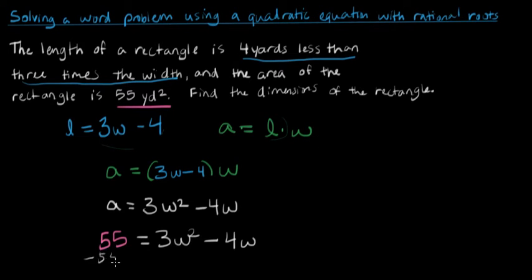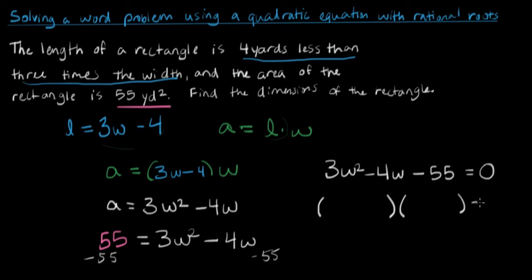So I'm going to subtract 55 from both sides, and then we'll get 3w squared minus 4w minus 55 is equal to 0. Now there's a couple of different ways that we might factor this, but I want to just undo FOIL.